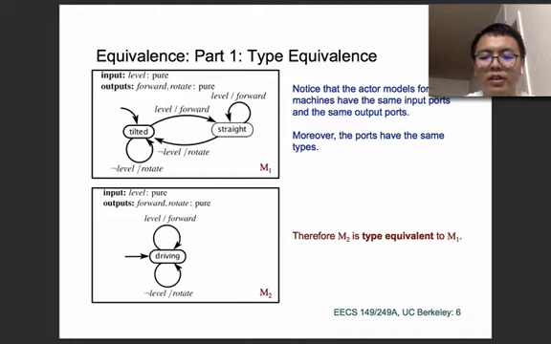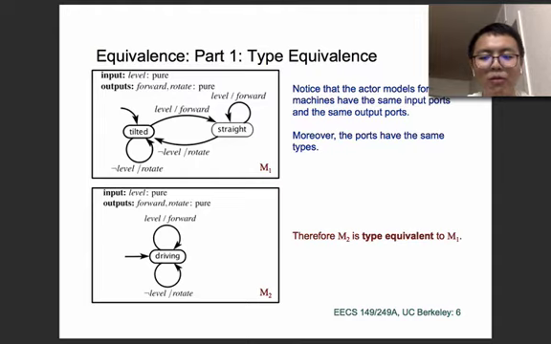Type equivalence tells you the ability to substitute one state machine for another, which means if one machine is put into a system context, communicating with another machine, then the substitute machine will also communicate with the proper data type.